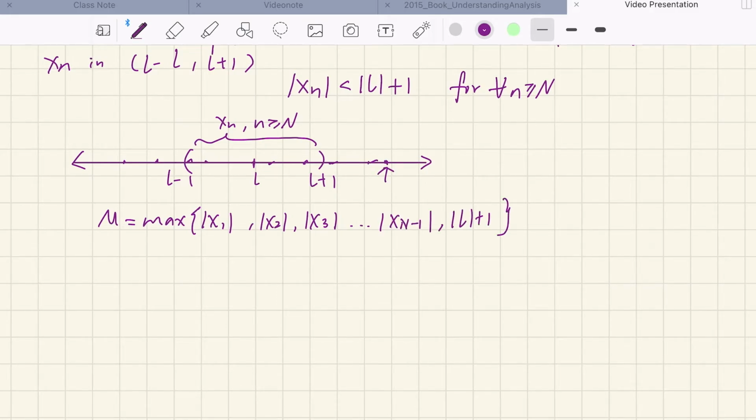So in the graph you can see we can have this capital M here. So it will follow that the absolute value of Xn is smaller than or equal to the capital M for all n belongs to the natural number. In this case, we finish our proof of the boundedness.